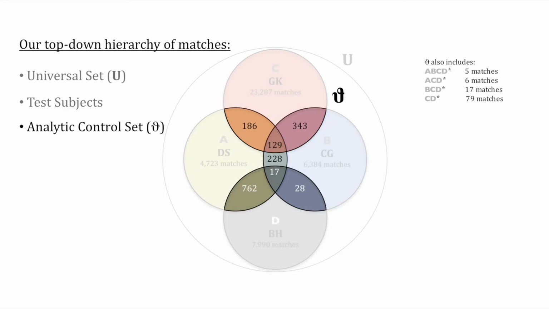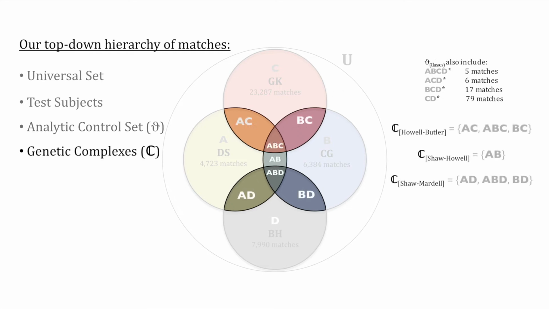Theta is our analytic control set and is composed of all duplicated or shared matches among our test subjects, 1,800 matches so far. The elements of the analytic control set are the only member matches which directly participate in our CMA process. The analytic control set is subdivided into genetic complexes, which are defined by the most recent common ancestors of the most distantly related test subject participating in a shared match.